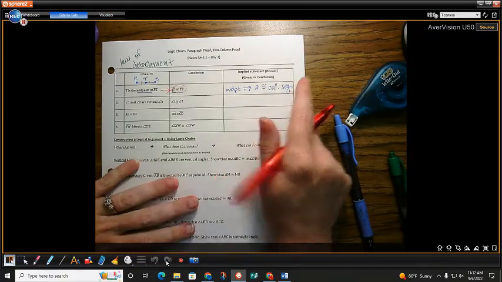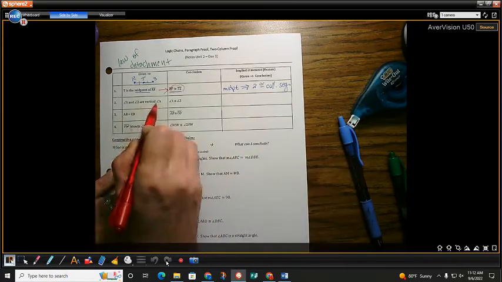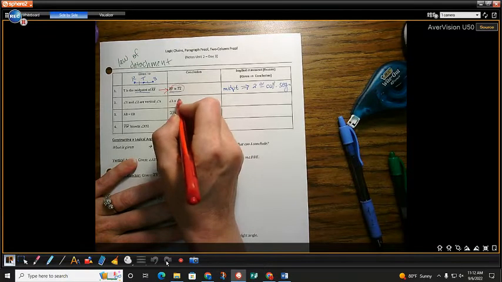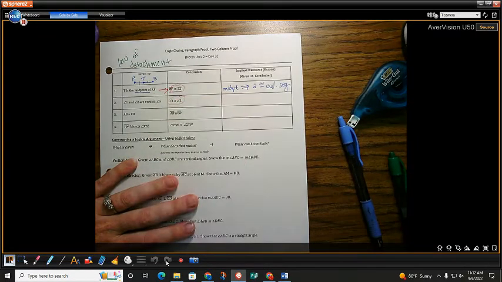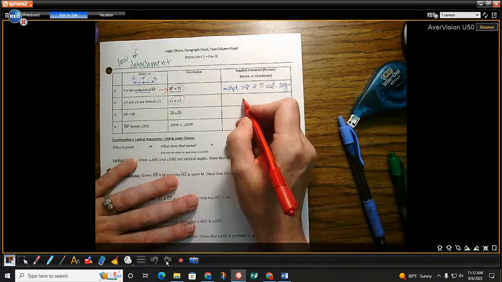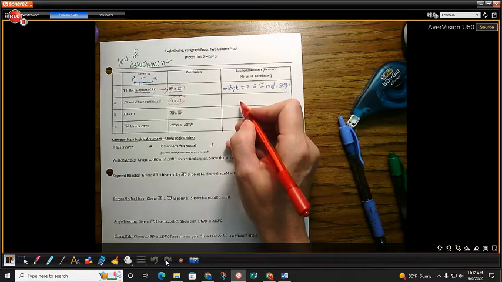Very excellent question. So on this next one, I've got 1 and 2 are vertical. Somehow, this says that 1 and 2 are congruent angles. What implied statement allows me to draw that specific conclusion?